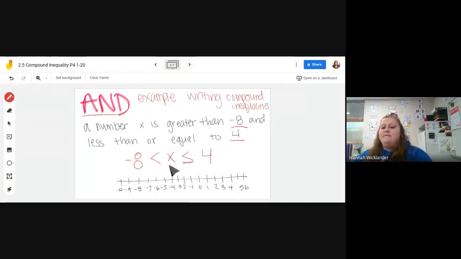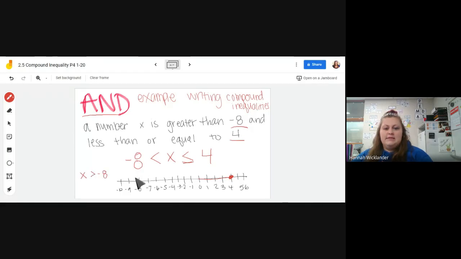Now I'm going to graph these two, and it's an "and", so they should point towards each other and connect. I'm going to start with this half of the inequality. Closed circle. Oh, oops, that's 4. Closed circle at 4, going this way. And then -8.